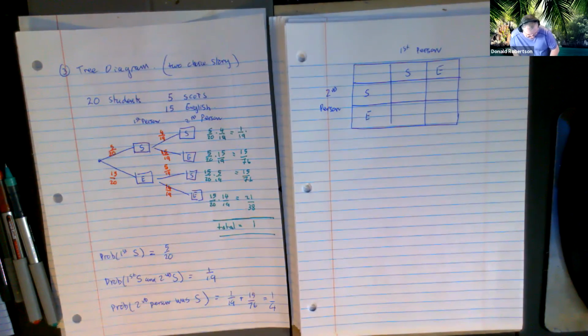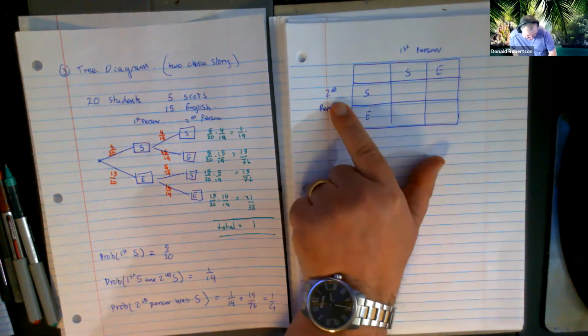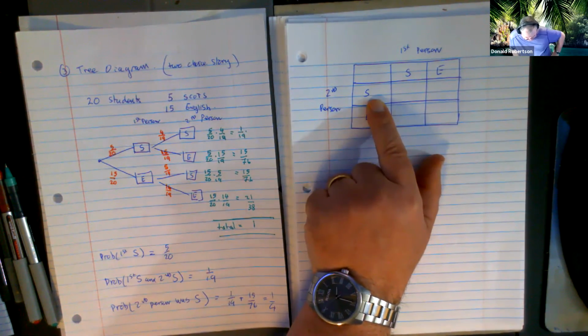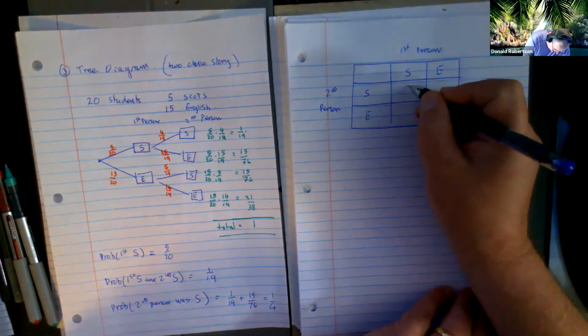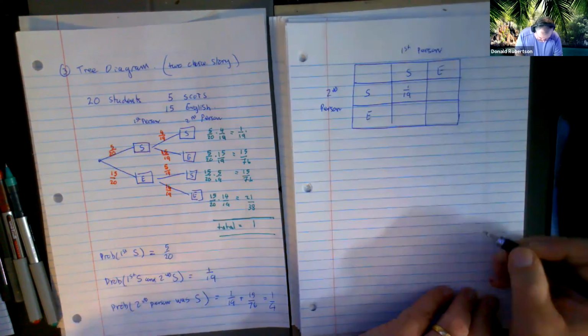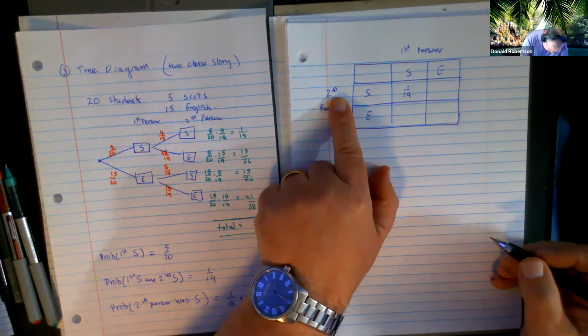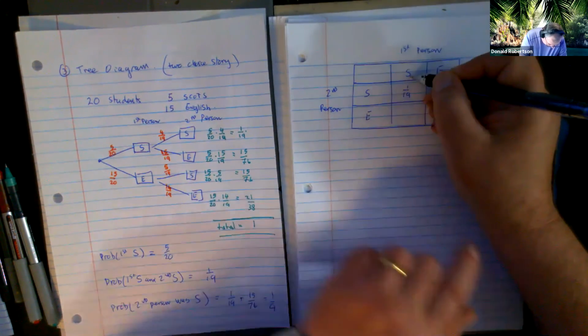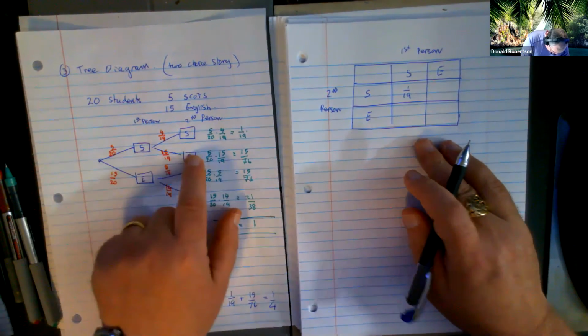Okay. First person is Scottish, second person is Scottish, right? Probability of that happening, 1/19. First person Scottish, second person English, ends up being for Scottish, English ends up going here.